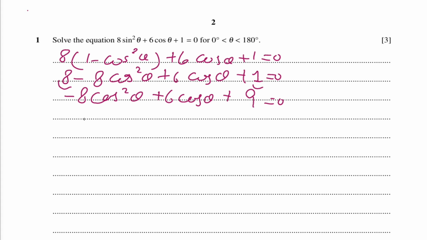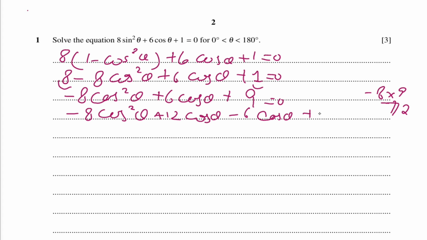Now it's very similar to a quadratic expression, so we go for the middle term break. Minus 8 multiplied by 9 is −72, and we need numbers that give 72: it will be 12 and 6. So −8 cos² θ + 12 cos θ − 6 cos θ + 9 = 0.